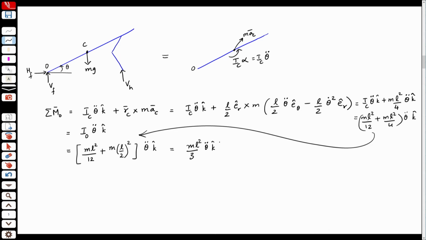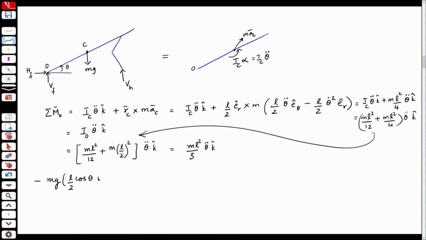Now, from this diagram, the reason I am taking moments about point O is I will be left with only one unknown. I can eliminate H_F and V_F. So, I get mg into L by 2 cos theta.